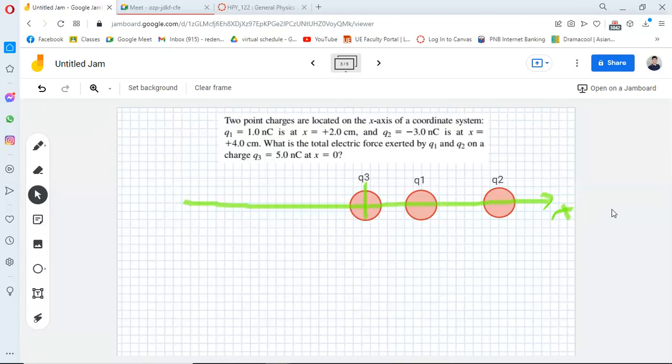Ang tinatanong sa problem is that what is the total? Or the net, this part. What is the total electric force exerted by Q1 and Q2 on the charge 3 of this setup? So how do we deal with that kind of problem?